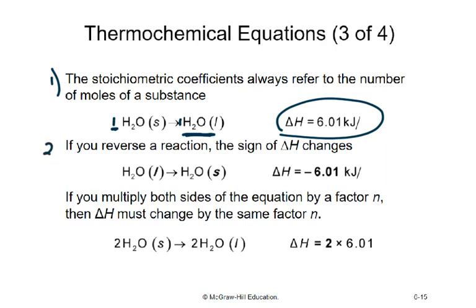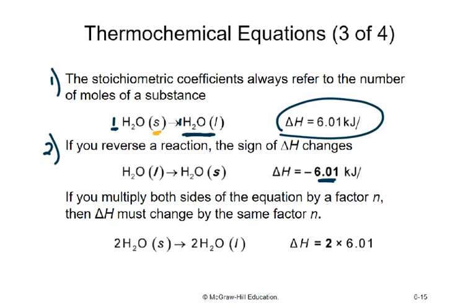The second guideline, and this is from the PowerPoint in the slides, tells you that if you reverse a reaction, the sign of delta H, or the enthalpy change, has the same magnitude, same number, but opposite sign. So in this example, we still have the same substance, water, but in different phases.